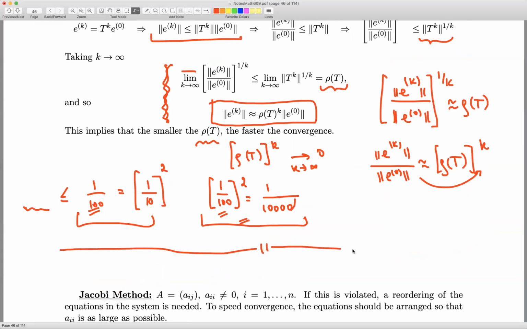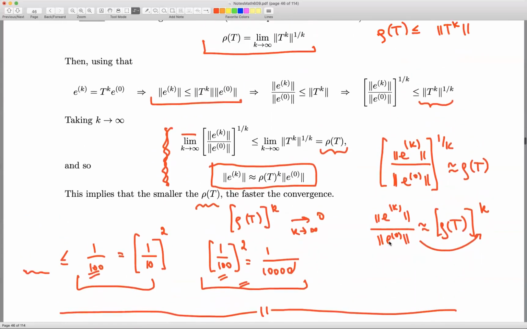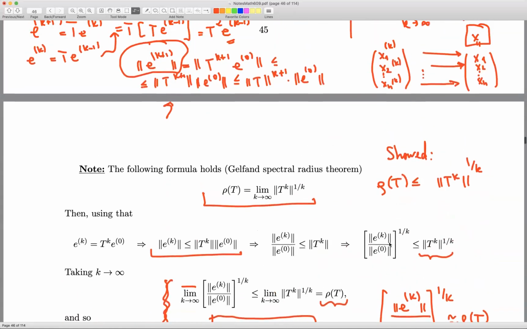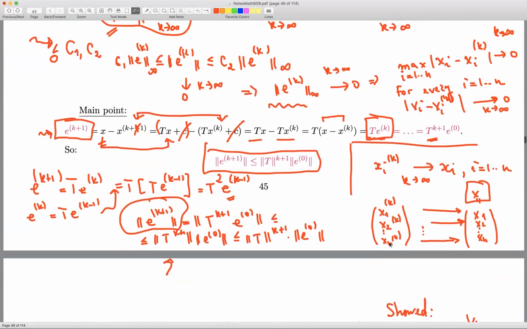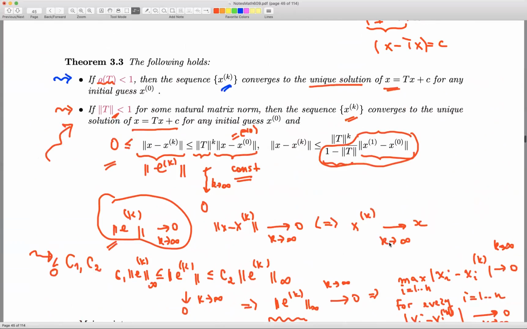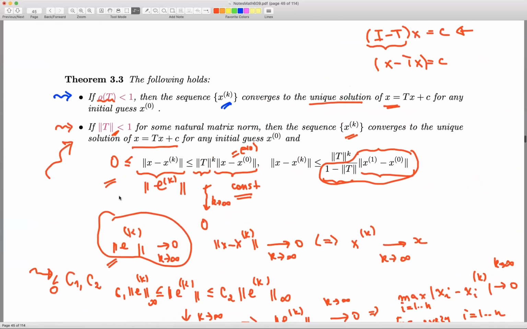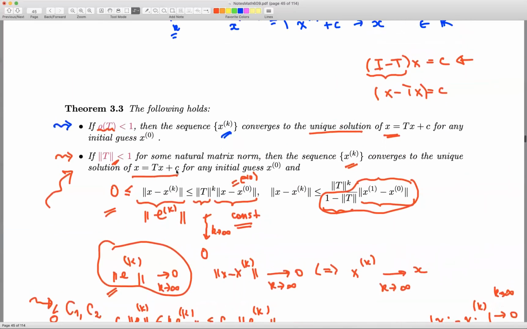With this we end the general iterative methods, and the main thing that we have to keep in mind is that when we have an iterative procedure, we have to write the original system in the form x is equal to Tx plus c.